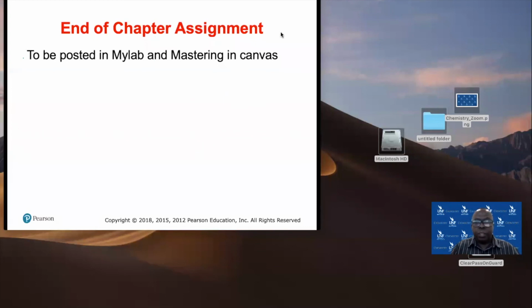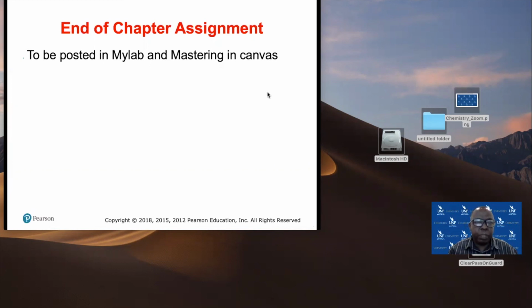Any question on chapter 1, please? Please practice with end of chapter problems, the temperature conversion, calculation of density, and using the factor label method. I will not spend more time on chapter 1.